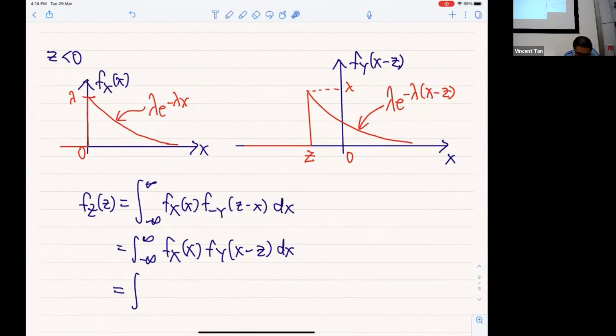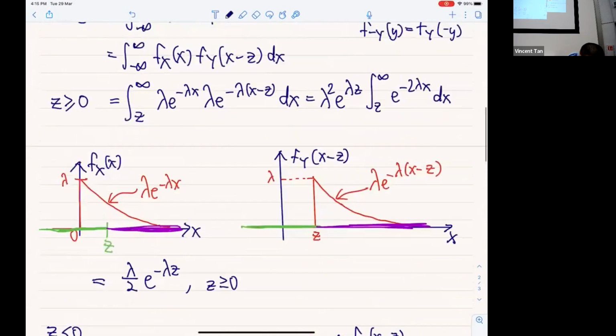Oliver said minus infinity to z. Indeed, that is all 0 because on this side it is also 0. But how about from z to 0? This one is positive, but this one is still 0, and 0 multiplied by something positive is still 0. Now, from 0 all the way to infinity, both are positive, so the product is positive. So the limit goes from 0 to infinity. Understand?